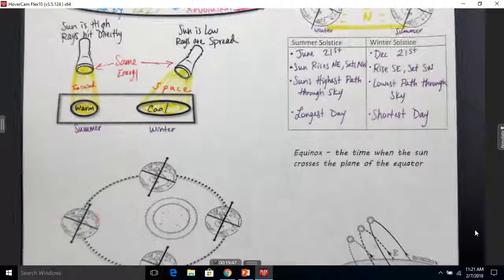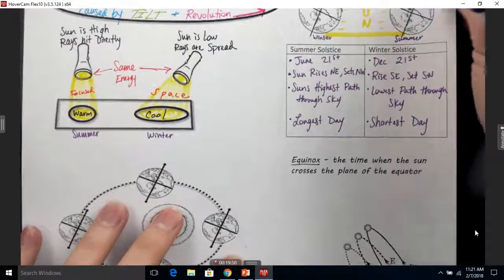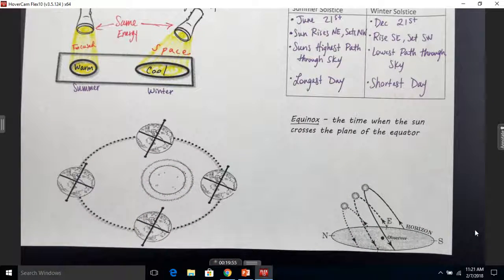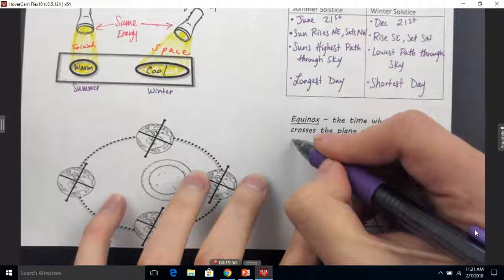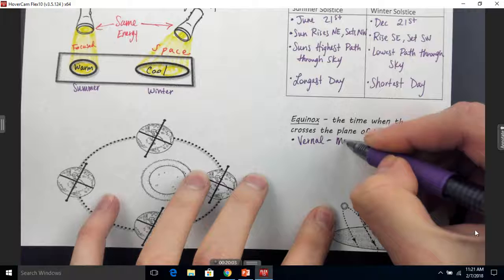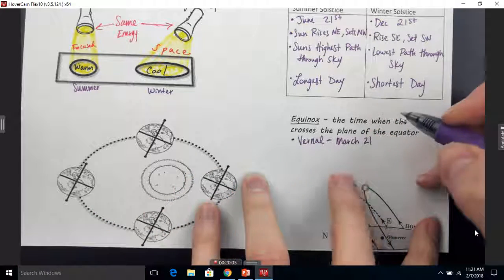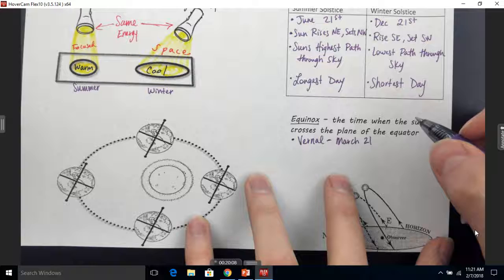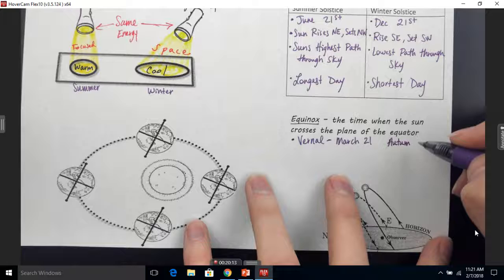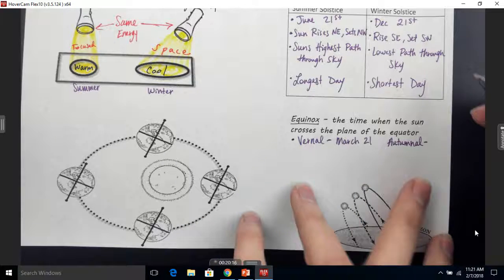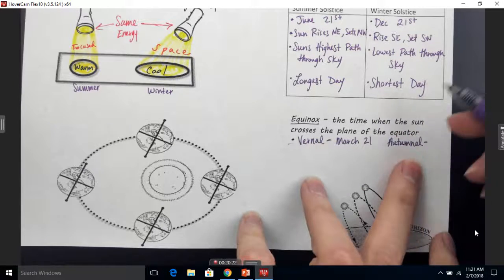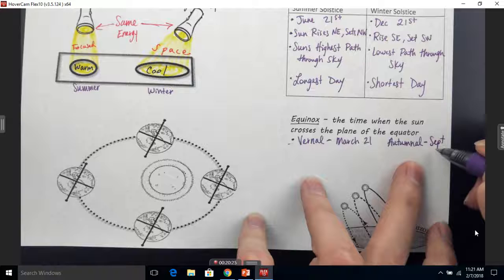So now let's talk about the equinox. That is like the word equal. We have the vernal equinox, which is March 21st, and the autumnal equinox, which is spring and fall, September 22nd.